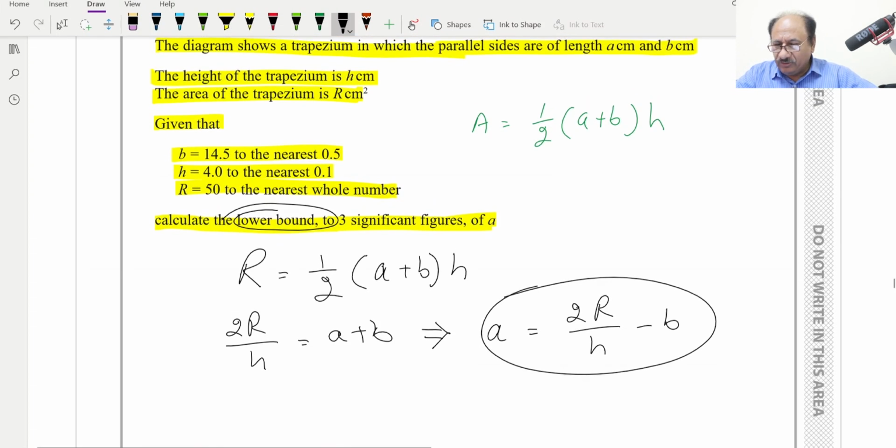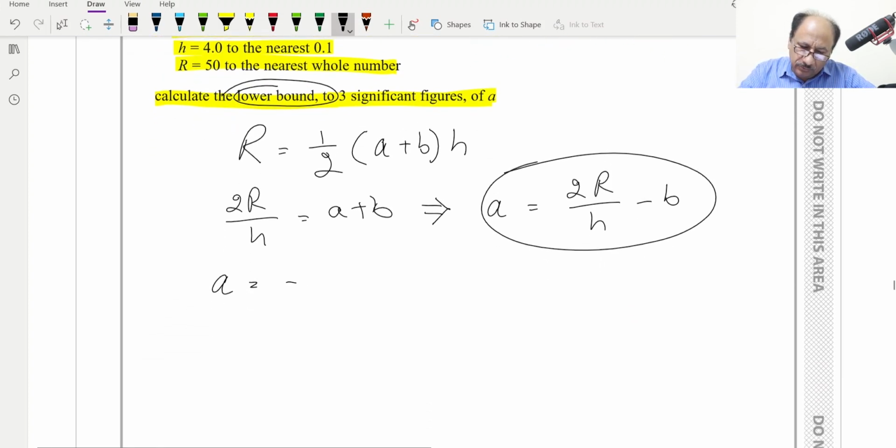For 2R, the answer of R should be the lower bound.